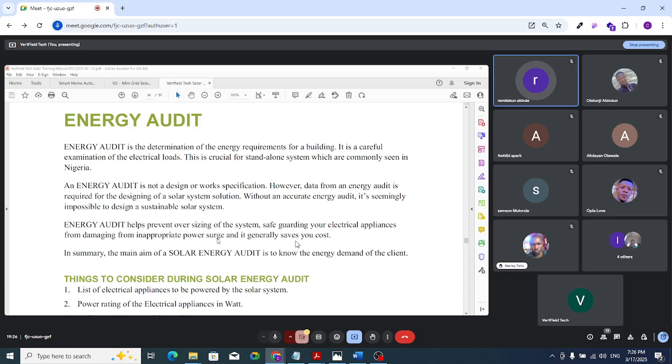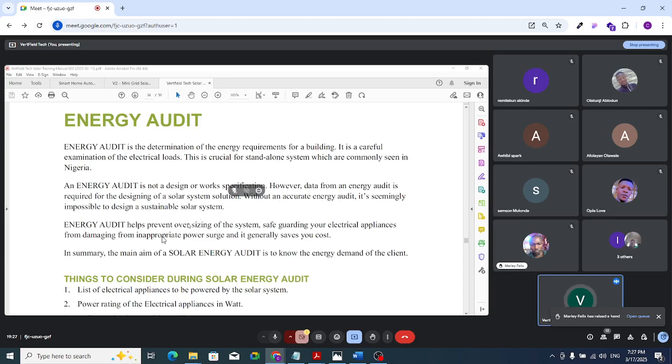All right, so this is energy audit like I have explained earlier. From this training manual, the PDF document which we said is available for you guys to pick up, we have said that energy audit is the determination of the energy requirement for a building. It is a careful examination of all the electrical loads.